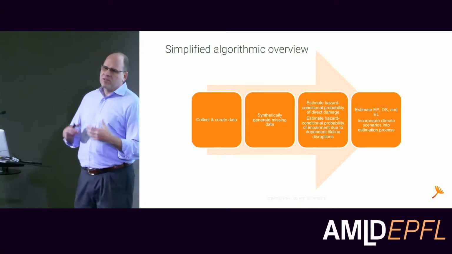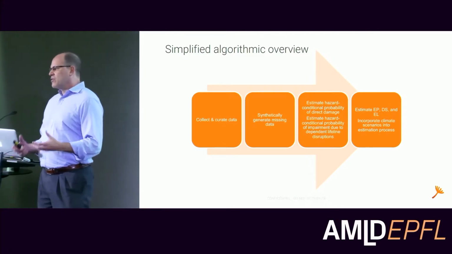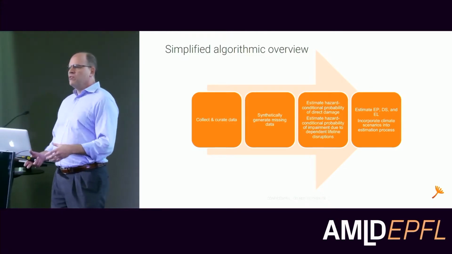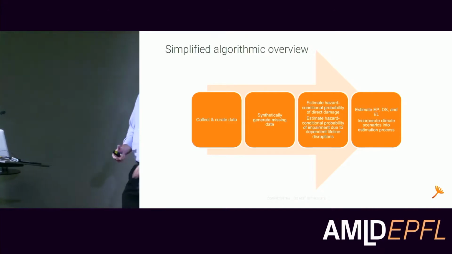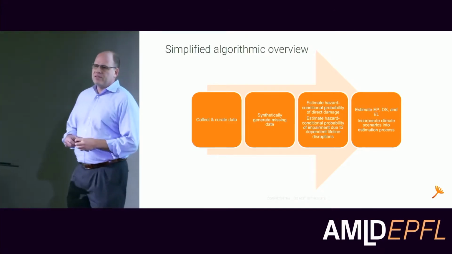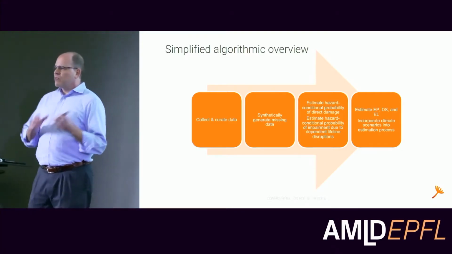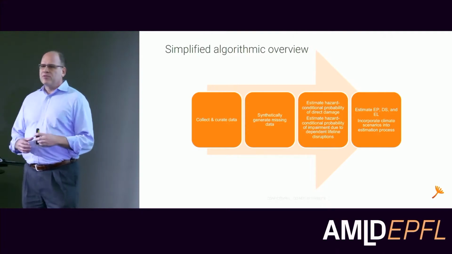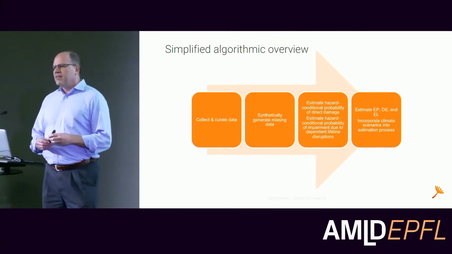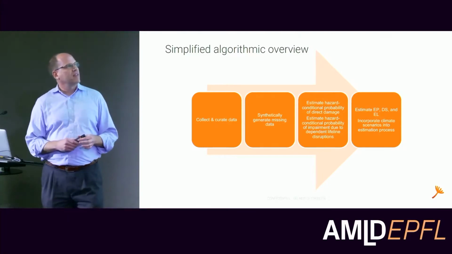Sometimes we'll actually go out to damage sites after a big event like an earthquake or a typhoon and collect ground truth data. Then, an important point for this particular workshop is the synthetically generated data, because the ground truth data is messy, it's often not available for certain locations, and we're trying to address that issue by synthetically generating the data.